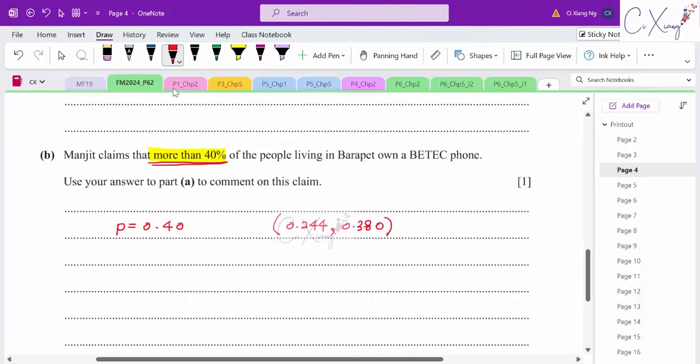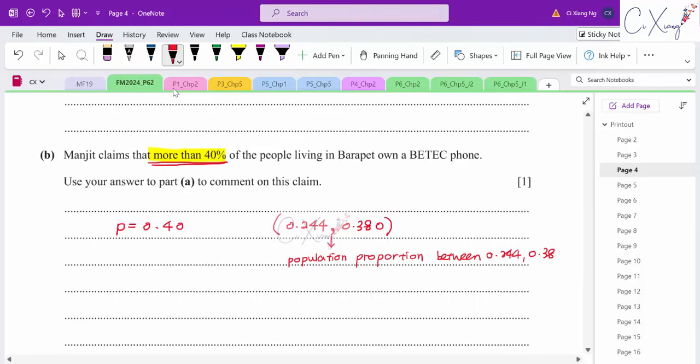Okay, so this confidence interval says that the population proportion should be between these two values. Should be, because this is also just an estimation, right? So the population proportion should be between 0.244 and 0.380.